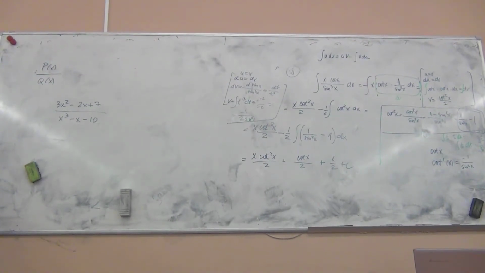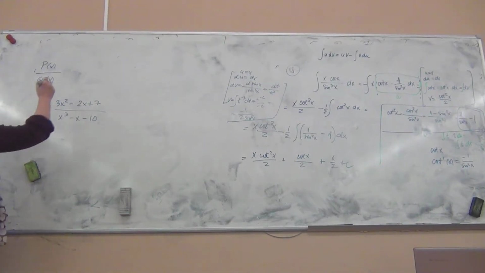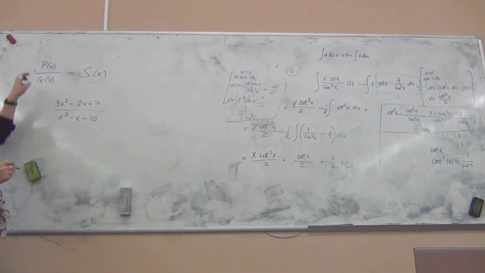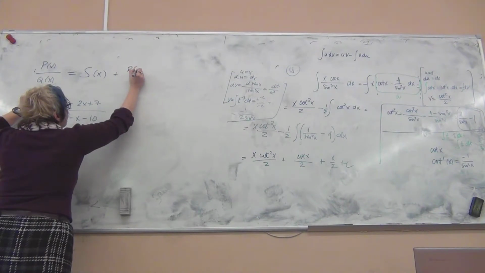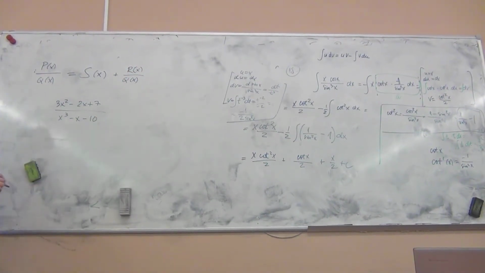So first of all, the first step, if this is an improper fraction, we divide the two polynomials so that we can change it into, for example, some other polynomial as we divide, plus some remainder polynomial over the same old denominator.